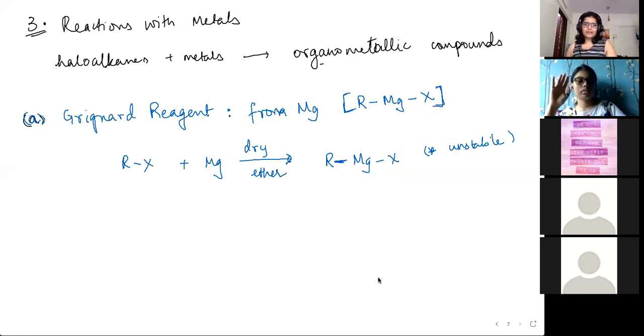Ma'am, doubt. Whenever we make Grignard reagent, like you said, it needs to be made on the spot whenever you're going to use it in the following reaction. So how do you store Grignard reagent in order to prevent it from reacting? You don't store it.